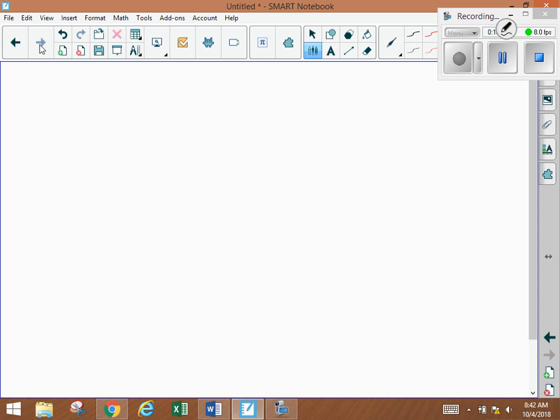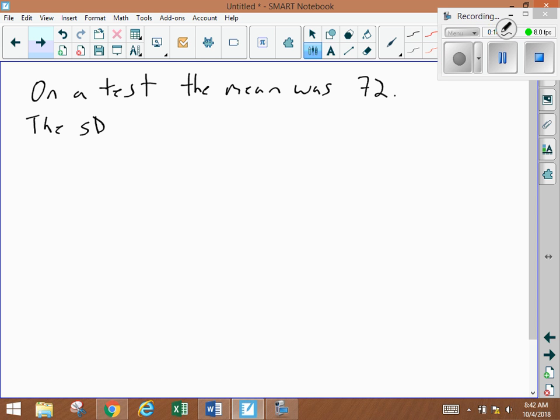Imagine that on a test, the mean was realistically 72. The standard deviation, SD, was 2.